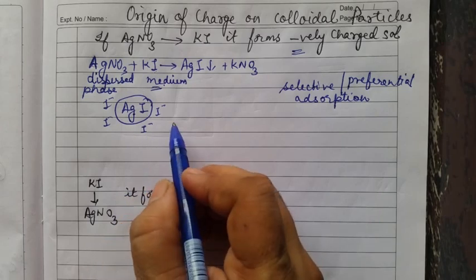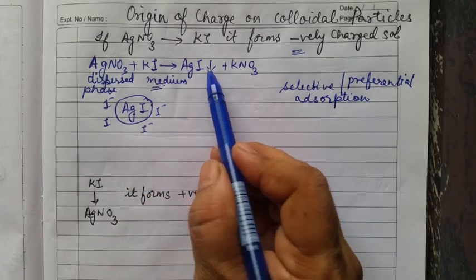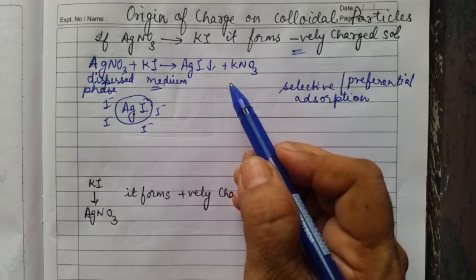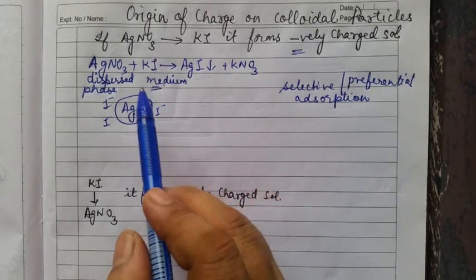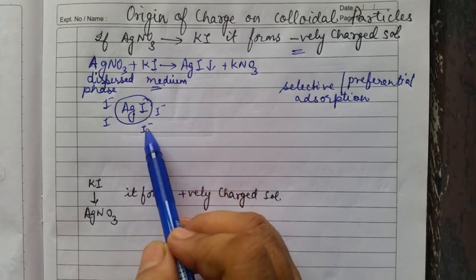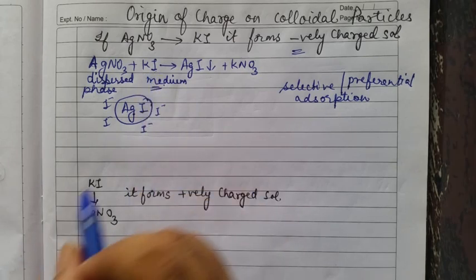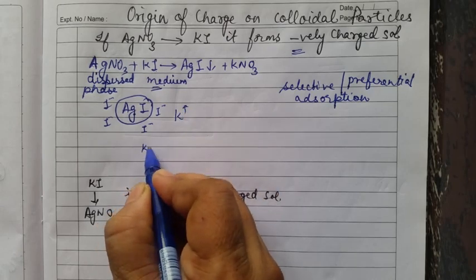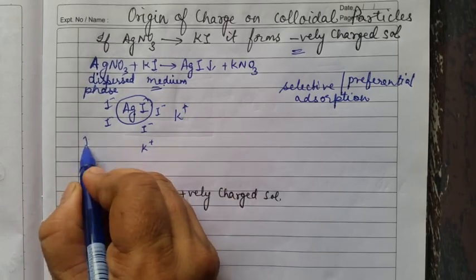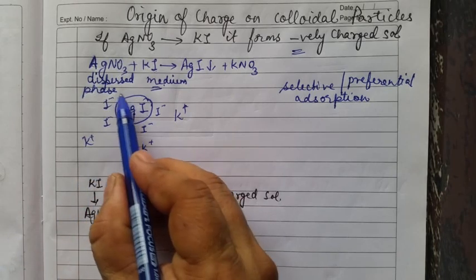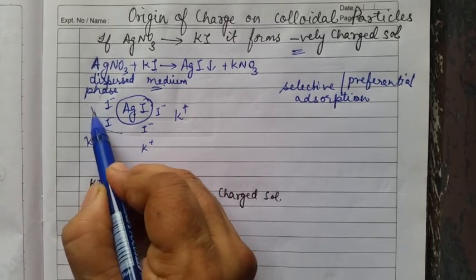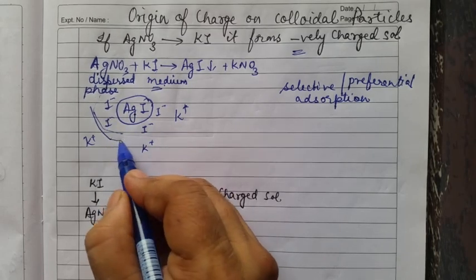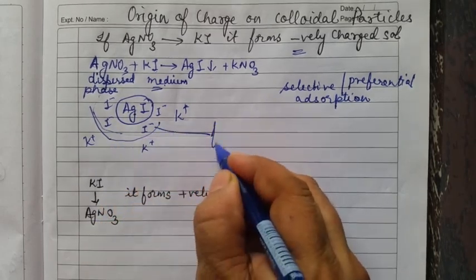Now, this is the precipitate. Where will the positive ions go? This I minus is adsorbed. Where will this positive ion go? This K plus will form one more layer around it. This first layer formed around the precipitate is called the fixed layer.